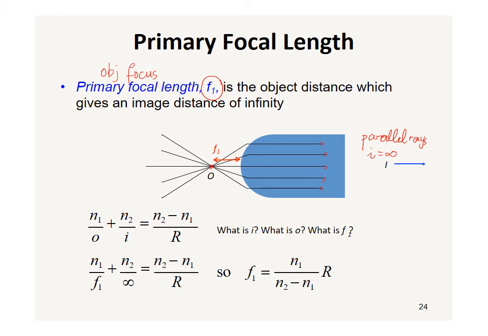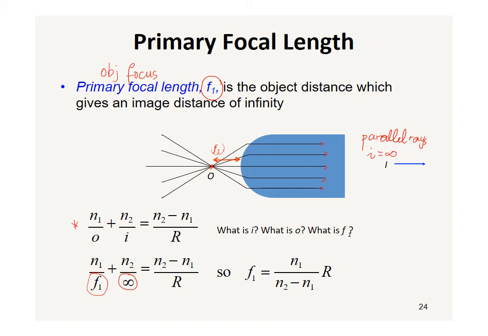All right, so we use this equation here, the paraxial ray equation, and we substitute in infinity for i. And this is going to be our primary focal length. So our object is at the primary focal length, so we'll put that in for our object. Okay, and then all the other parameters we know.